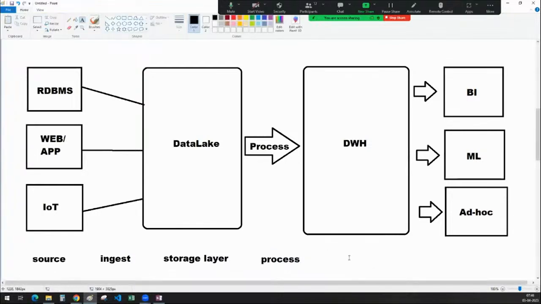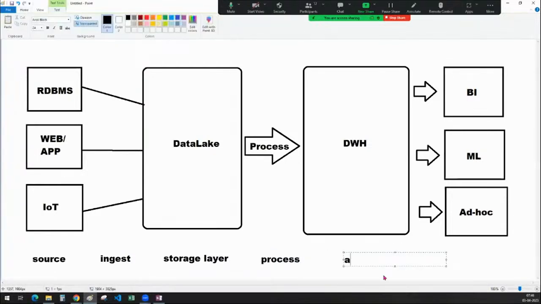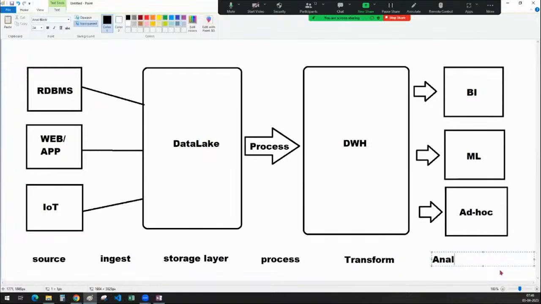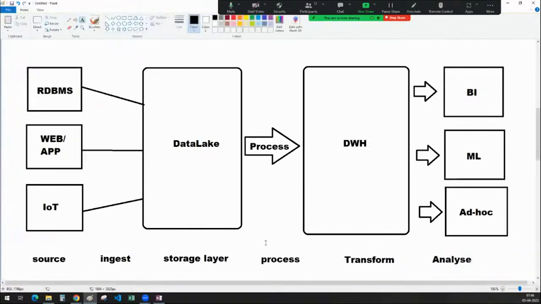Then we are doing processing. In the data warehouse, we are trying to transform and finally analyze the data. This is what is meant by a data life cycle. In a data life cycle, you get the data from a source, you do the ingestion into a storage layer, and you do processing on top of it to clean or prepare the data.